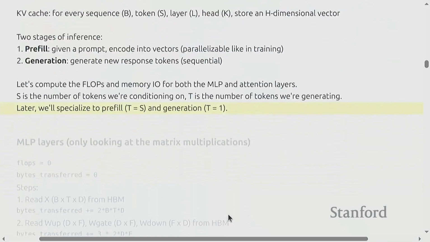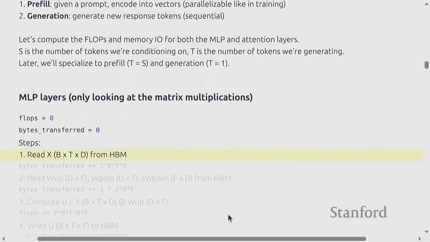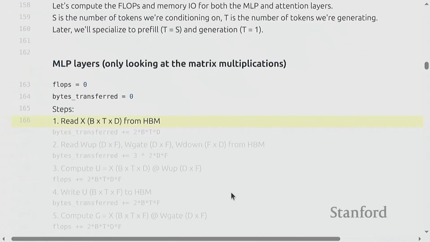Okay, so hopefully the matrix multiplication is still fresh in your head, because this is going to be essentially that, but a little bit more complicated because it's a transformer. We're going to count the flops and bytes transferred. First, we take X, which is a B by T by D matrix. I think maybe these T's should be S's, but anyway.